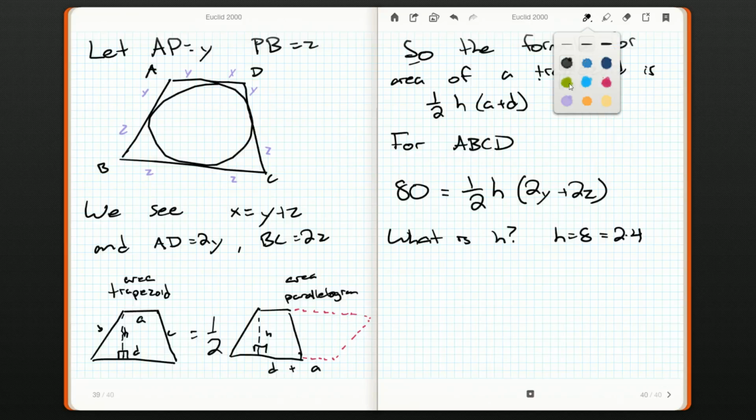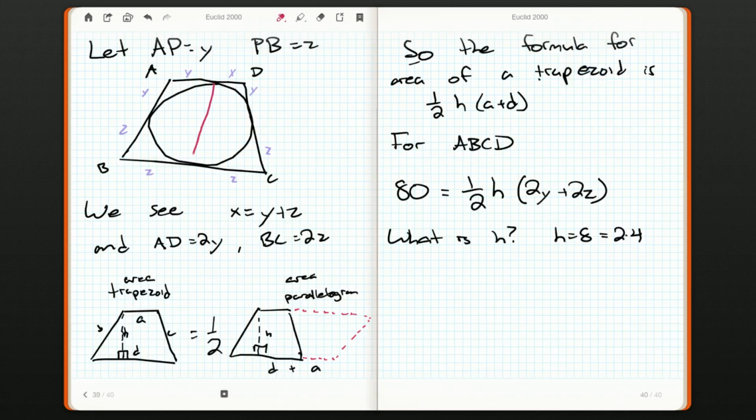So how do we figure out the height? Well, the height is just going to be 2 times the radius. And we know that the radius is 4. Right? Because, and this is important, another result from circle geometry is if you have a circle and you have a line tangent to it, if you extend a radius from the center to the point of tangency, this will turn out to be a 90-degree angle.